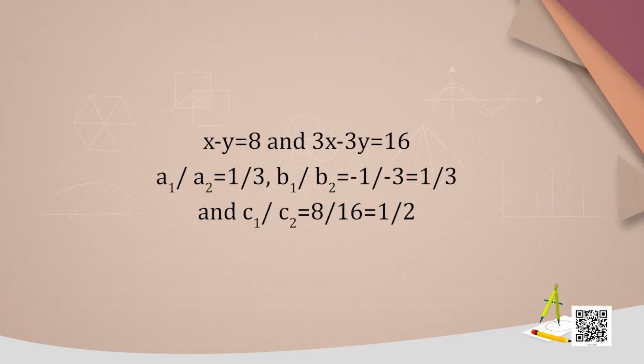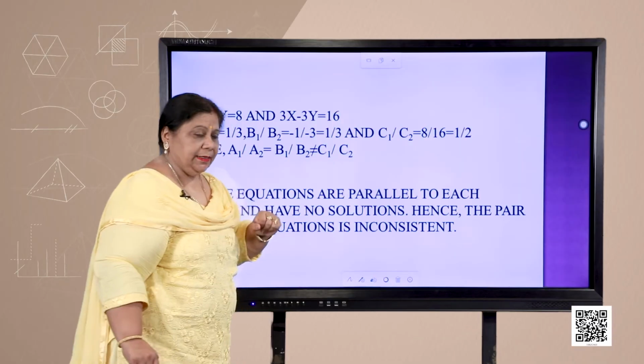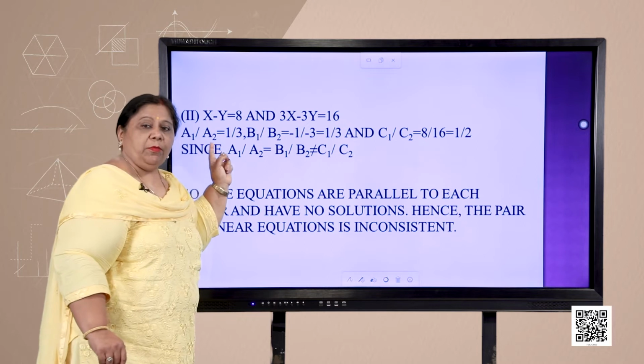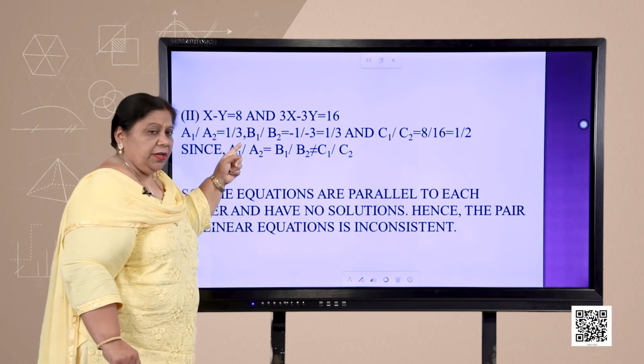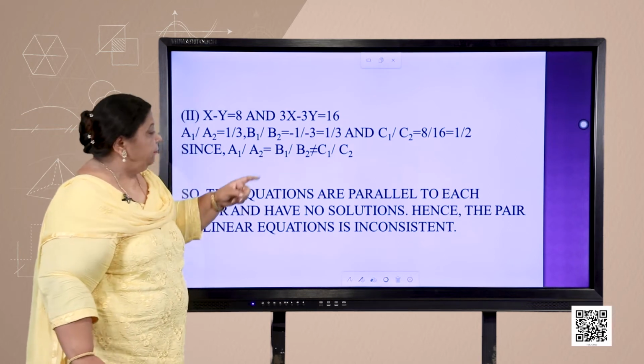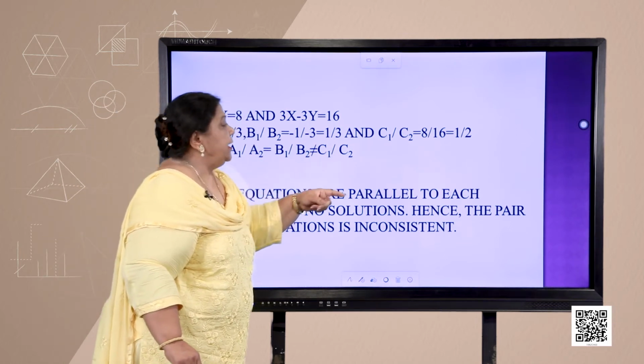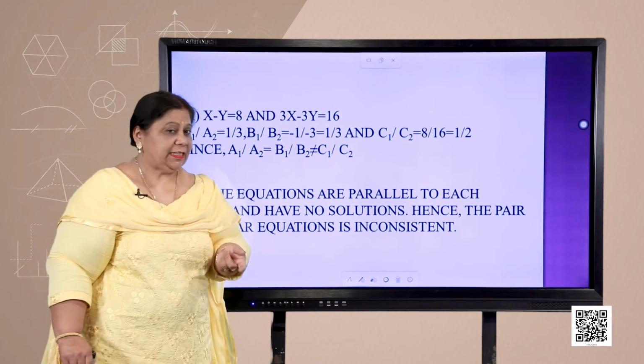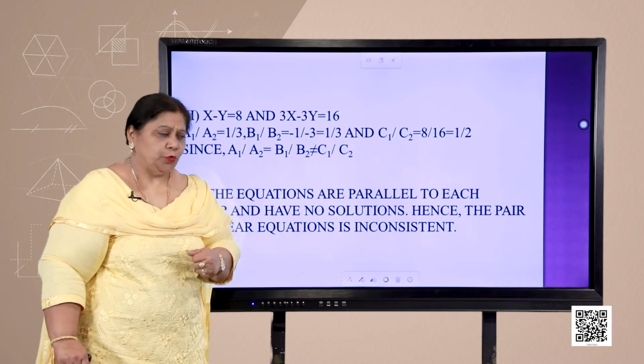In this, x minus y is equal to 8 and 3x minus 3y is equal to 16. Let us see the values. a1 upon a2 is 1 upon 3, b1 upon b2 is minus 1 upon minus 3, which is nothing but 1 upon 3, and c1 upon c2 is 8 upon 16, that gives me 1 upon 2.